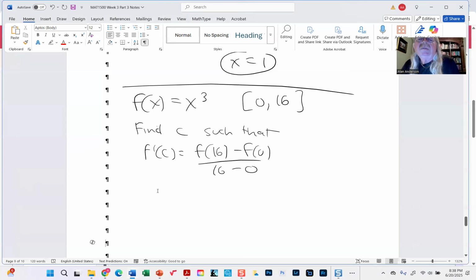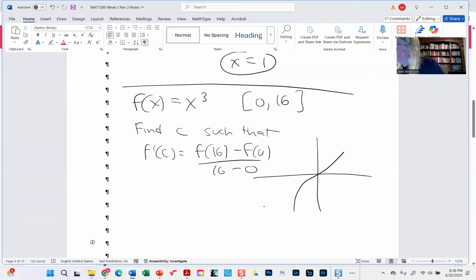So in other words, we know that this is x cubed, and let's say this is 16.